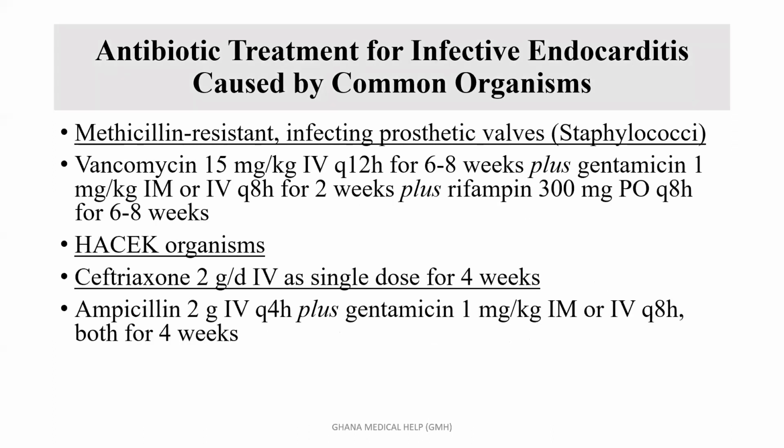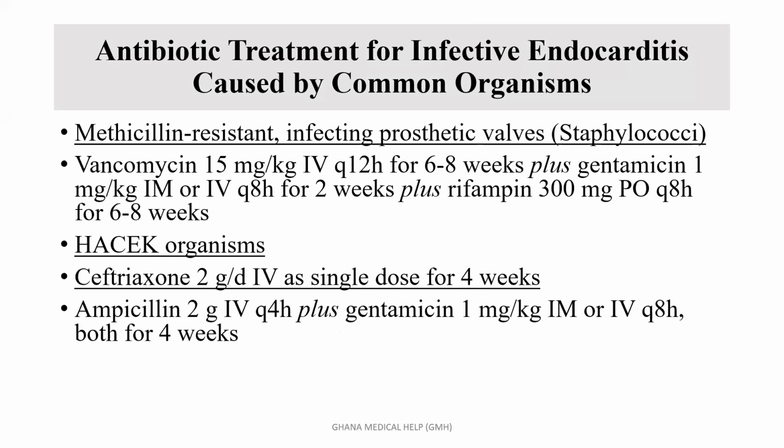For methicillin-resistant staphylococci infecting prosthetic valves, we give vancomycin 15 milligram per kg IV 12 hourly for 6 to 8 weeks, plus gentamicin 1 milligram per kg IM or IV 8 hourly for 2 weeks, plus rifampin 300 milligram orally 8 hourly for 6 to 8 weeks.